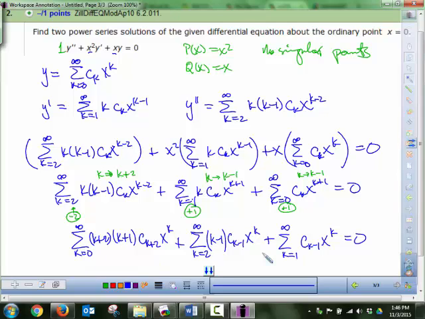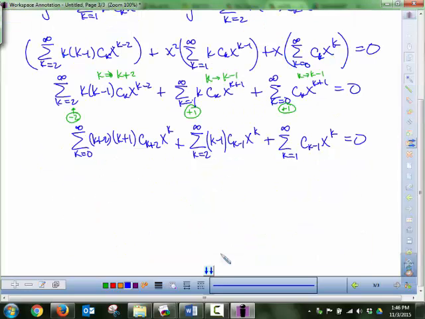So what we need to do in order to deal with this is rewrite the sums so that they all start in the same place. Now, wait, that doesn't make sense, because we just rewrote the sum so that they have the same power, and so the index shifted. So instead of doing that, maybe I can take out a couple of terms here.